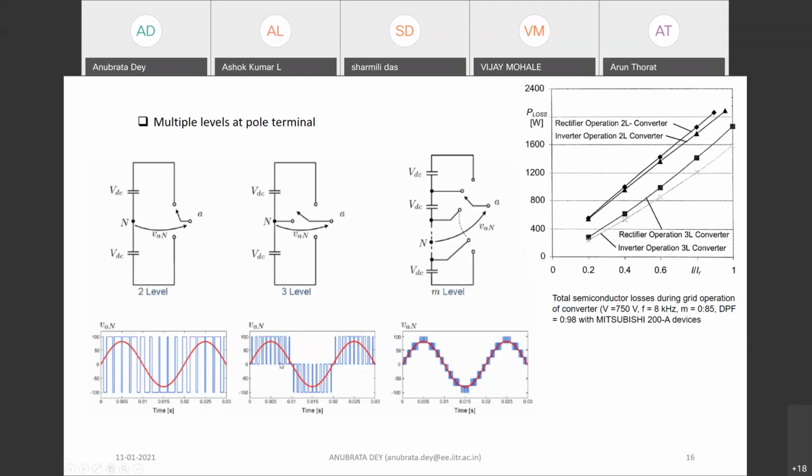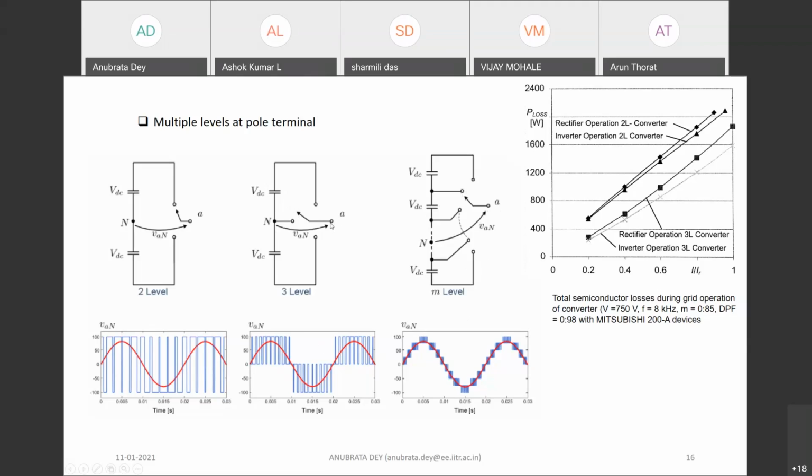Those will be a different chapter altogether, but conceptually you can see that you can get more number of levels, not only three. Suppose the variable is m, but you need to have different tapping points. If it is an m level, you need to have m tapping points, whereas the a point is fixed here. So the a point is called pole.